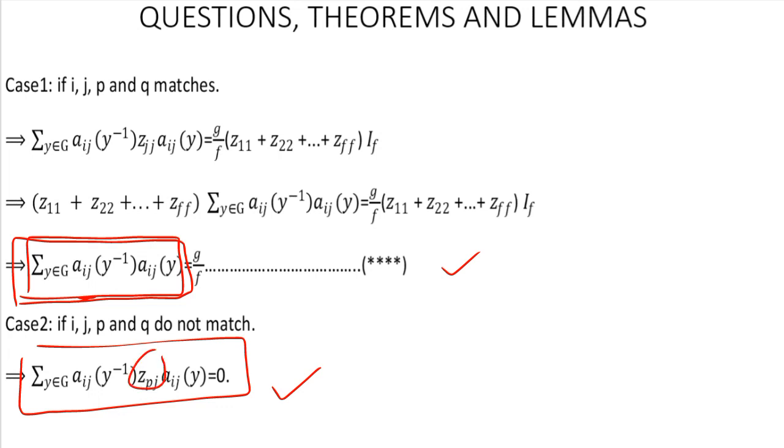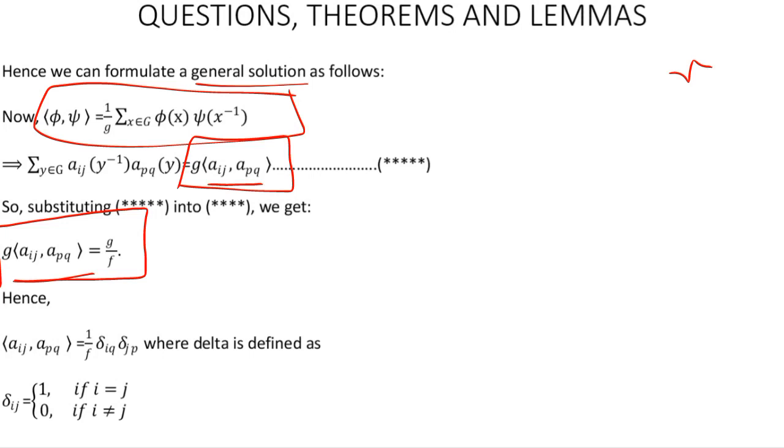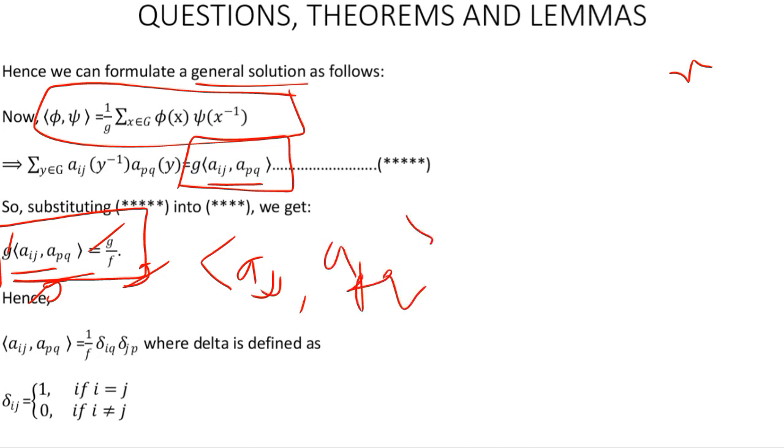So how do we bring it in? This is what we'll do. As it is right now, you can divide through by G, divide through by G. So this will cancel out, this will cancel out, so that this inner product of a_ij, a_pq is the same as 1 over f.